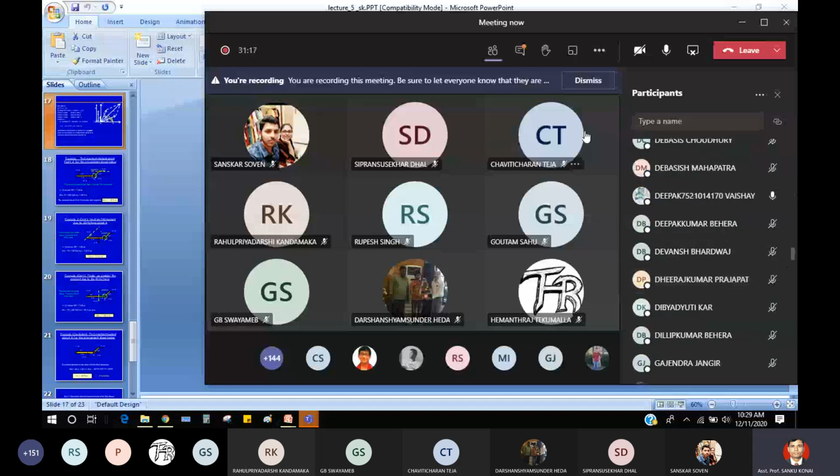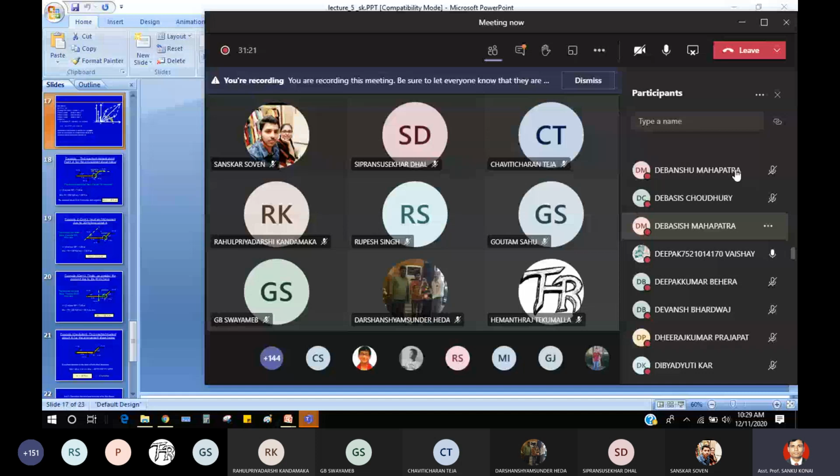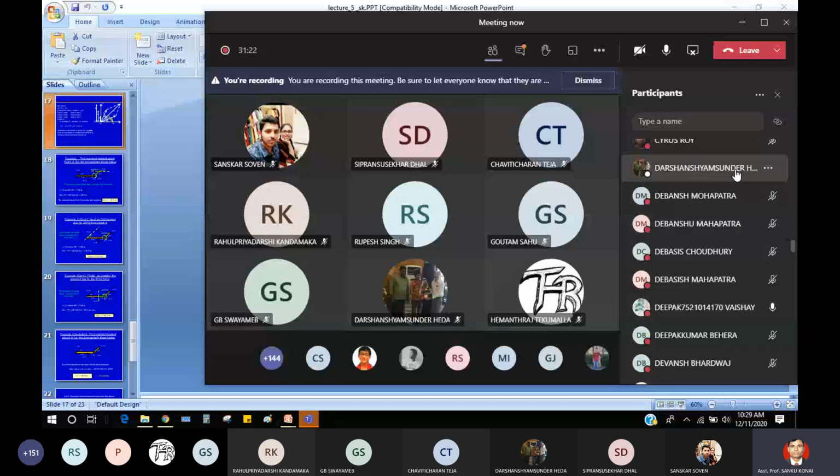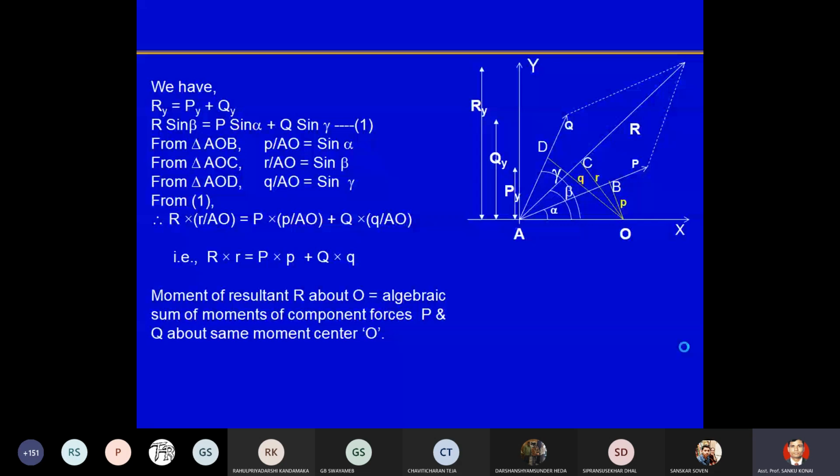Okay. So what we are discussing is the summation of vertical component of the resultant force will be equal to the sum of vertical component of all other forces. So R into, as I said, from this triangle we can find out the value of sin alpha, sin beta and sin gamma.